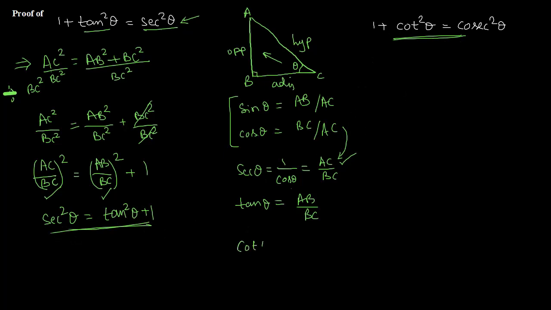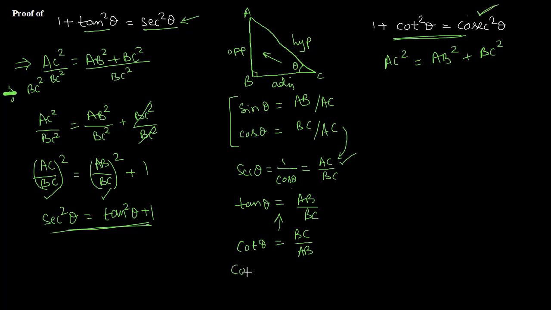Cot theta is going to be the reciprocal of tan theta, which is BC by AB. So let's take the same Pythagoras: AC square equals AB square plus BC square, right? So now what do I need? On one side I need cosecant square.